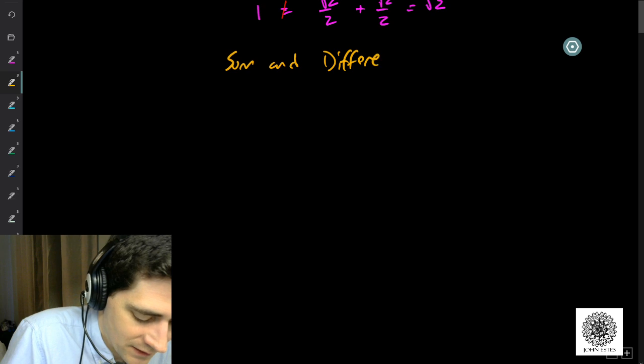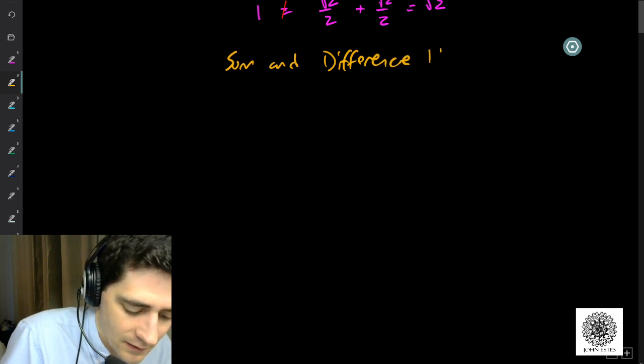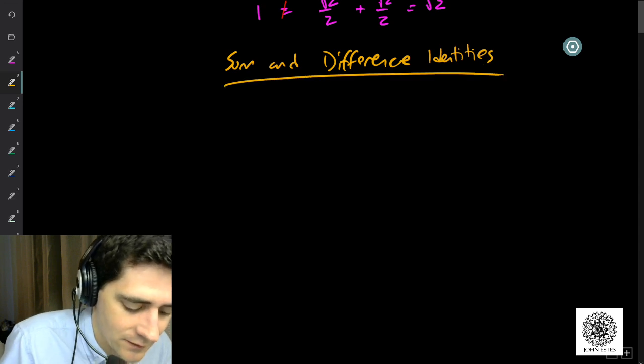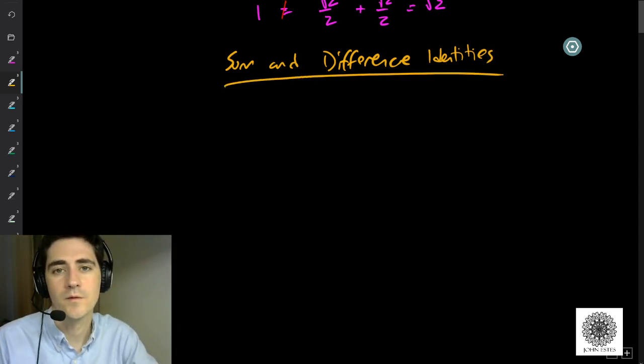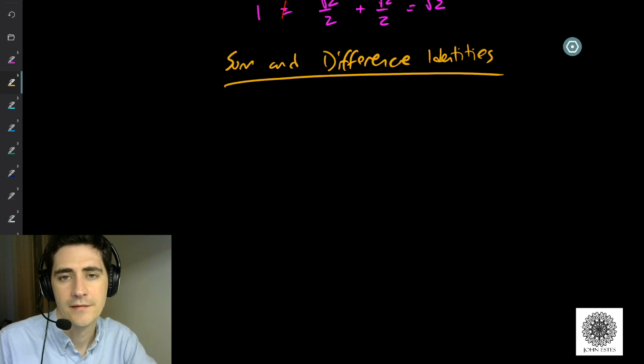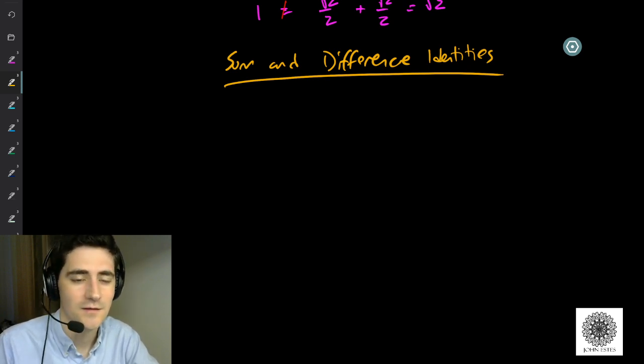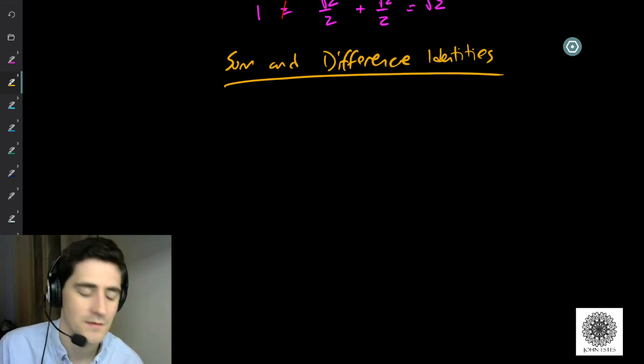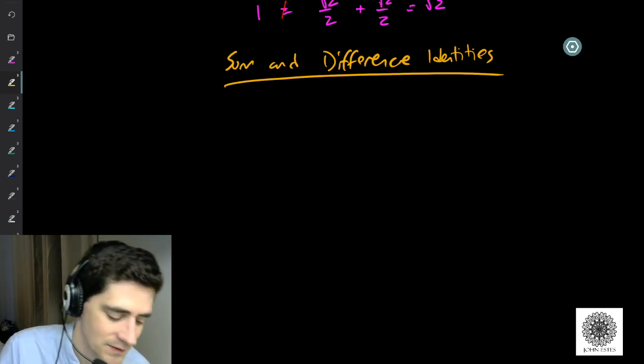I'll just give you the sine and cosine versions of these, and then we'll do a tangent one, and I'll show you where the tangent one comes from. I'm not going to really show you where the sine and cosine ones come from. They come from using the distance formula and some other identities, and for our time, I don't feel that's something we need to go over. But if you do have a question on that, I can go over it with you sometime.